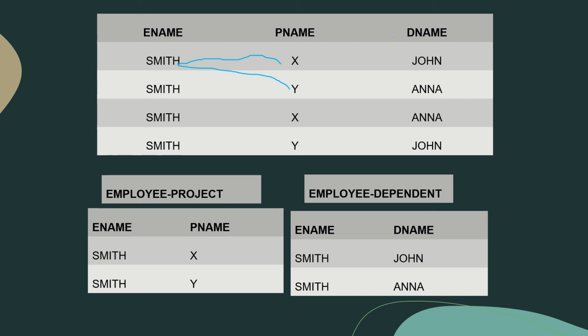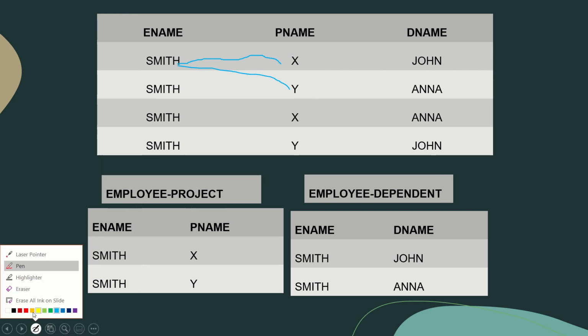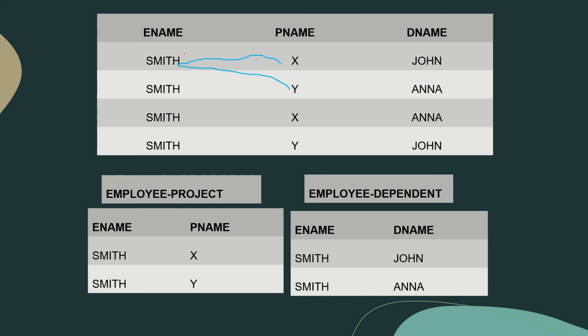Here we can see only two values are there. And Smith is related to two values of D name. The first one is John and the second one is Anna. But P name and D name are independent of each other. So there exists a multi-value dependency.